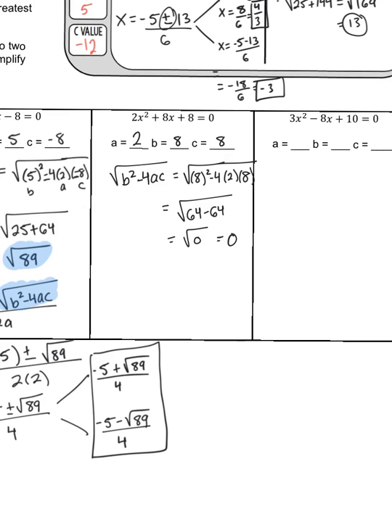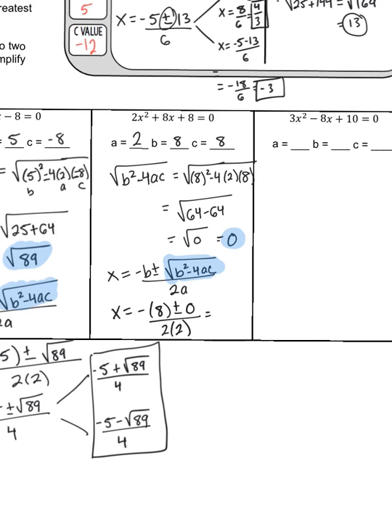Okay, so I'm going to rewrite my formula. So the portion in blue, this is the same thing as what's in blue here, this whole square root. So I'm going to rewrite and replace everything. Negative b is 8, plus or minus, that entire blue section is now 0, over 2 times a, and a is 2.